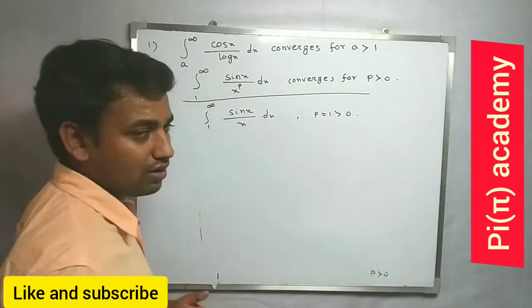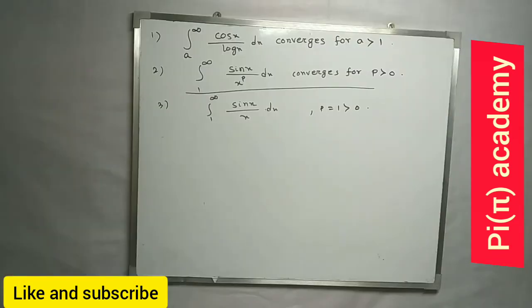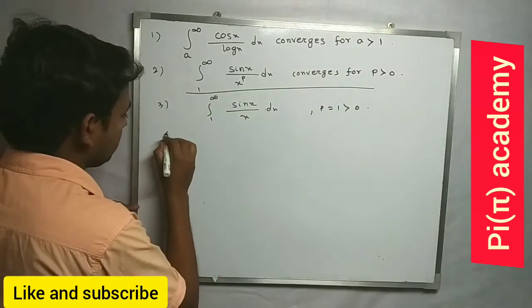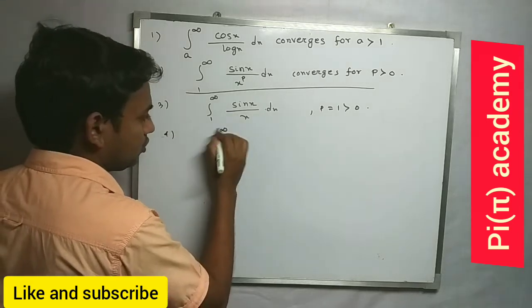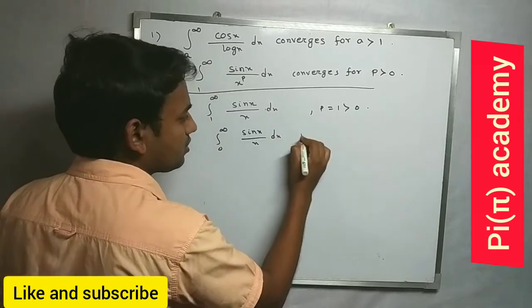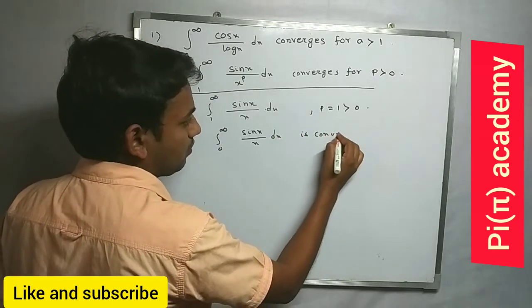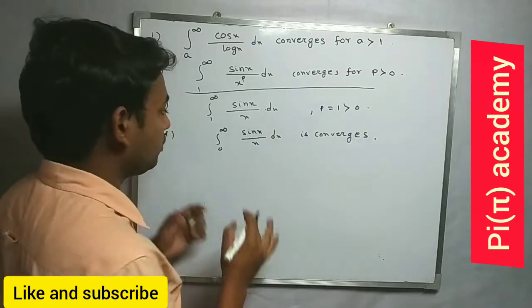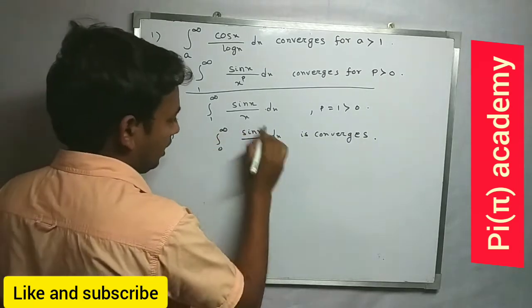And I consider now, I show by the Dirichlet test that the integral from 0 to infinity of sin x by x dx is convergent. To show this, first I write this.